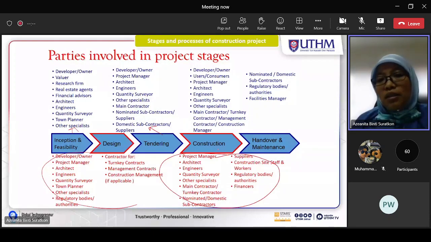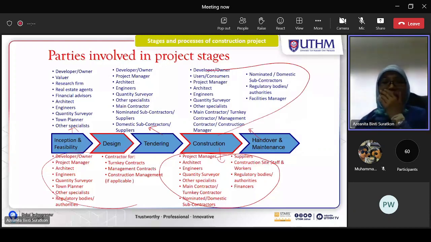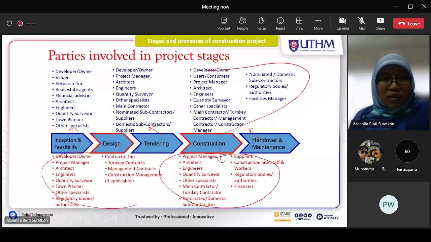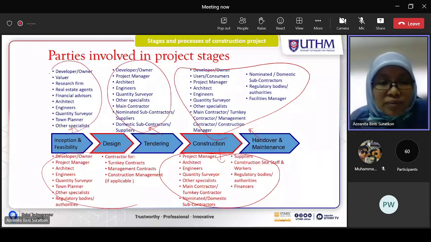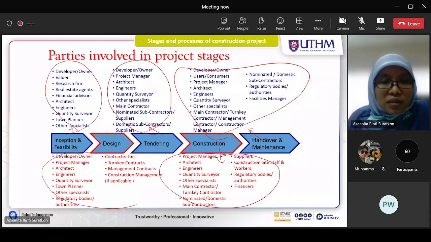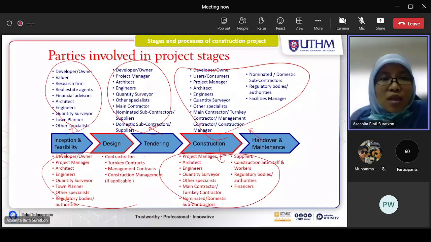Right, and then this is handover and maintenance. These are the people involved in this process. Okay, right. So is there anything you are unfamiliar with in these parties involved? Okay, so I think we already touched this in the stakeholders. So hopefully you can understand.